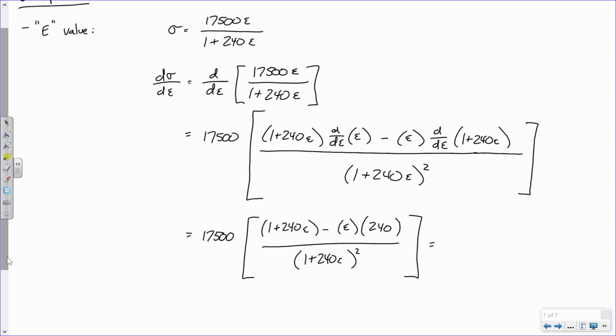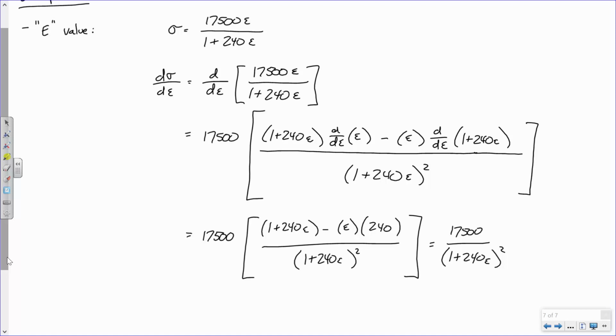So we have 1 plus 240 epsilon minus 240 epsilon. 1. So 17,500 divided by that, that's our answer, right? So if I say 17,500 divided by 1 plus 240 epsilon squared, that's our answer, right? Sound good?